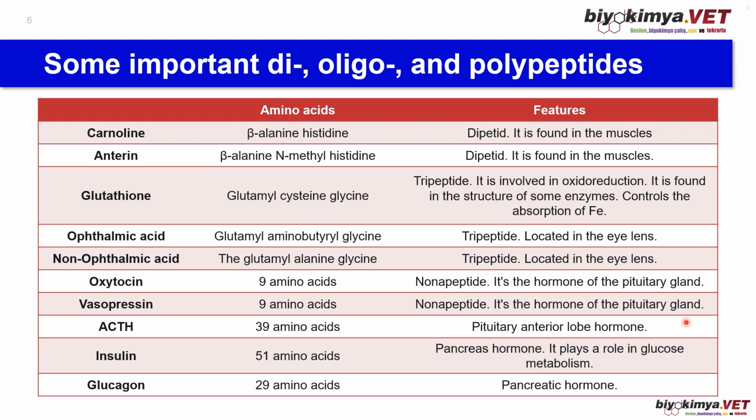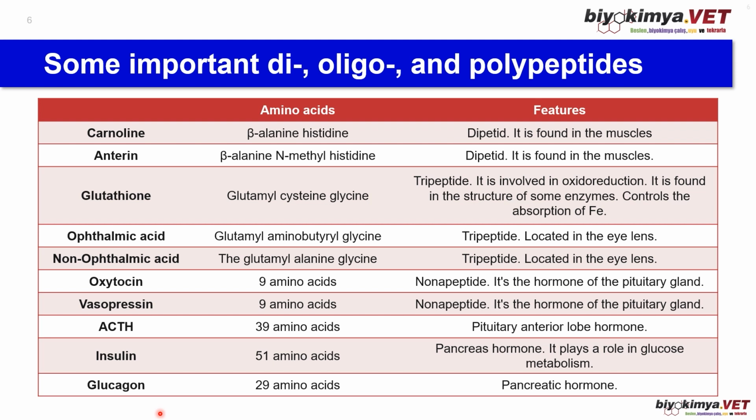And also, as you see, there are hormones here. Oxytocin, vasopressin, ACTH, adrenocorticotropic hormone, insulin, glucagon. These are hormones. They are oligo and polypeptides. Many small peptides, such as oxytocin, exert their effects at very low concentrations. For example, a number of vertebrate hormones are small peptides.